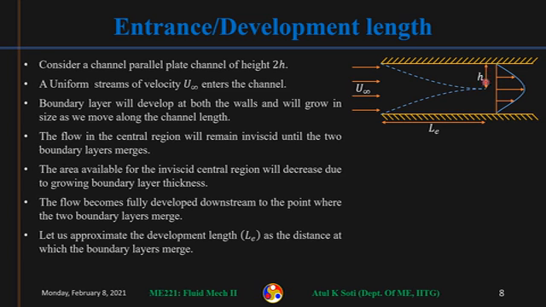So once the boundary layer thickness merges, only after that will the flow become fully developed, but there will be some distance further along. Remember that. So what we want to do is find this development length, the length of the channel that is required for the flow to become fully developed.